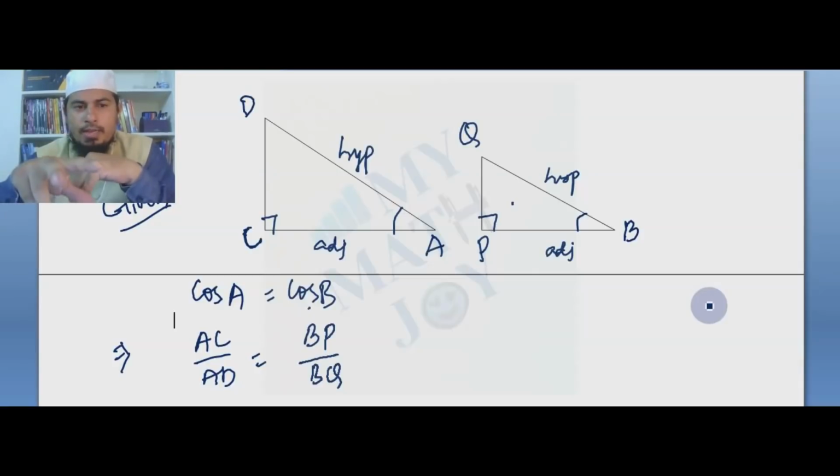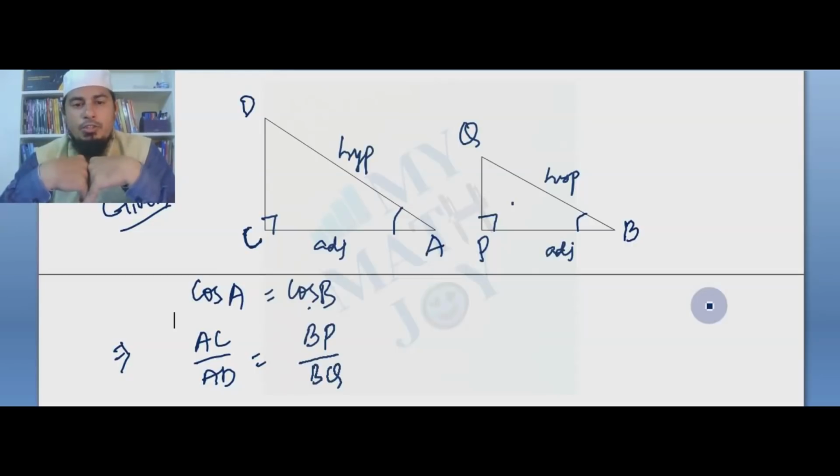How can I prove that these two triangles are similar is my concern. In these two triangles in front of us, two ratios are equal. This tells us that the two triangles can be similar if their corresponding sides are in the same ratio. So I got two sides in the same ratio. I want all the sides to be in the same ratio.